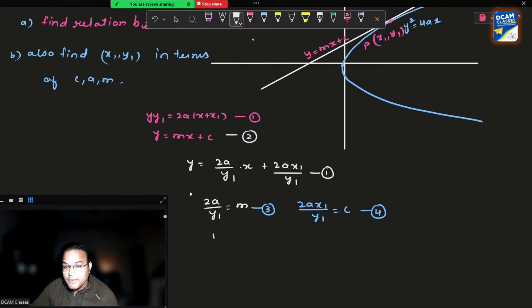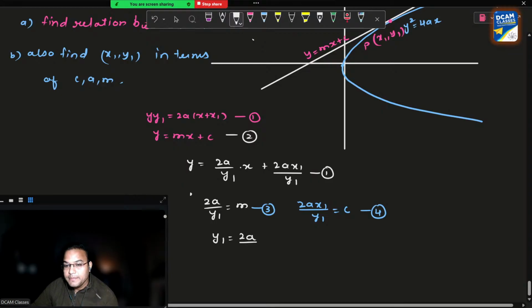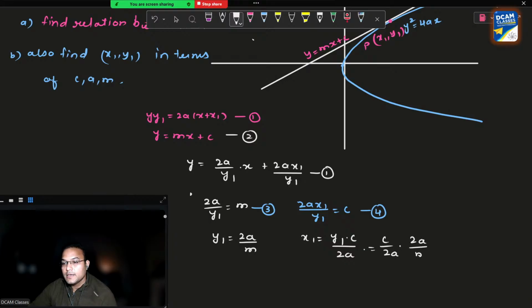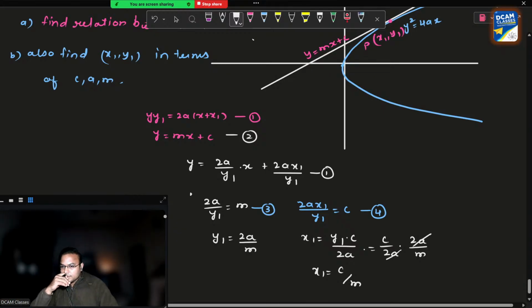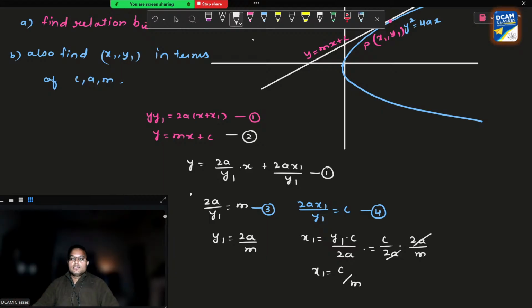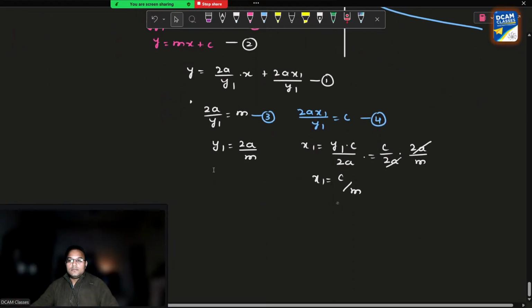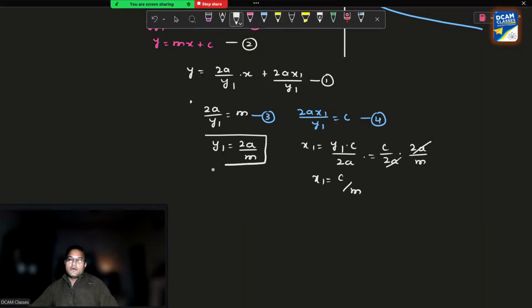See, from this we'll get y1 is equal to 2a by m, x1 is equal to y1 into c by 2a, which is c by 2a into 2a by m. So 2a gets cancelled, so x1 is equal to c by m. Something is wrong. Okay, y1 and x1 values we have got, nothing wrong.